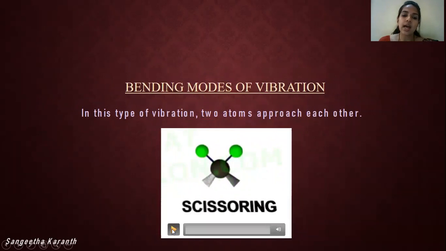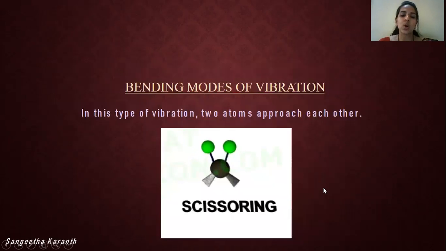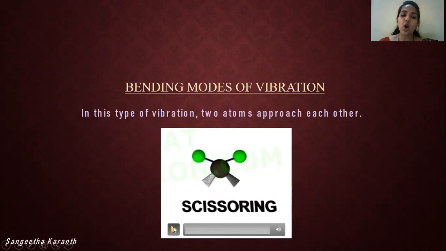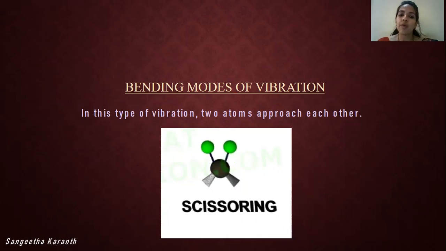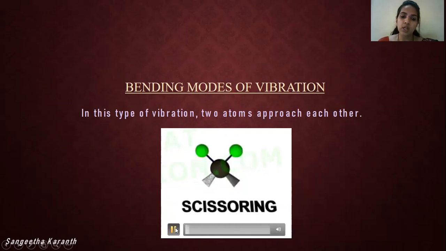Next, coming on to the last type of vibration, which is called scissoring vibration. This vibration is similar to that of the normal scissors which we use. Here, the two atoms move far from each other and come closer to each other, but they are occurring in the same plane. So the movement of atoms is in opposite directions, but they are occurring in the same plane.